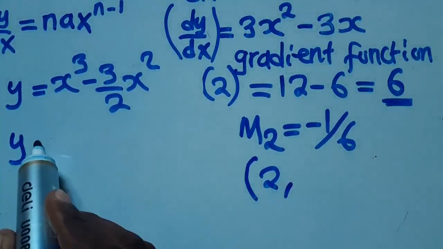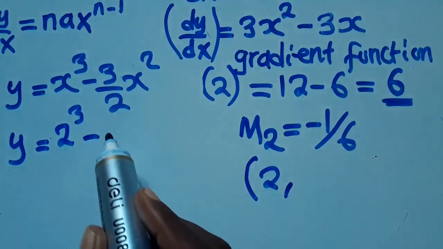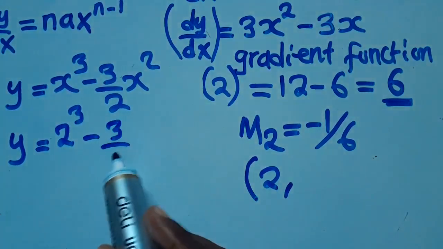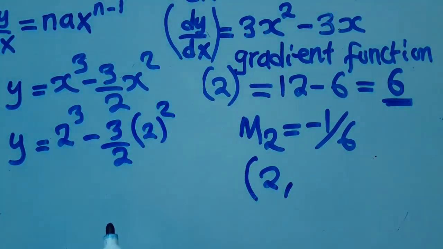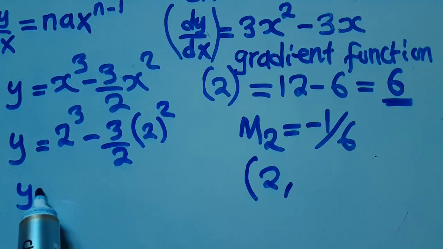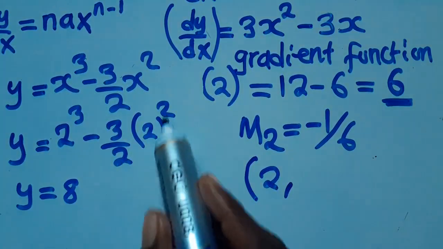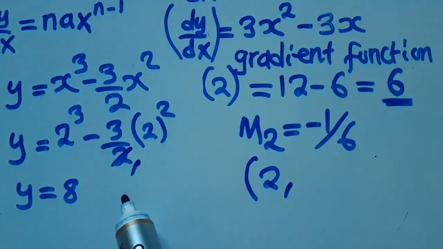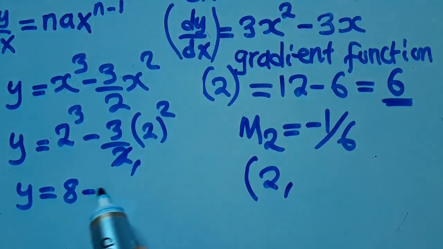So y is equal to 2 cubed minus 3/2, then 2 squared. 2 to the power 3, that is 2 times 2 times 2, that is 8. This one is 4. 2 into 4 is 2, times 3, that is 6.